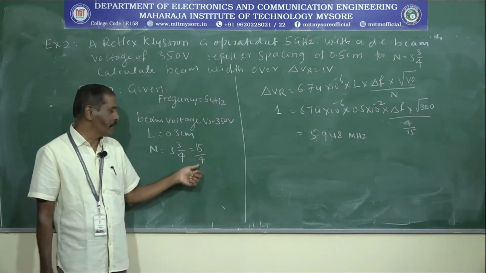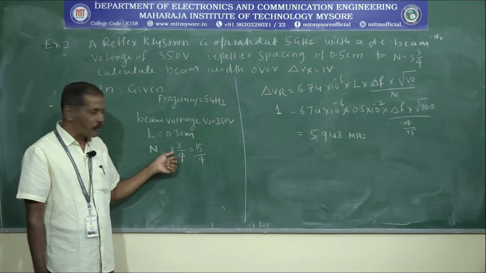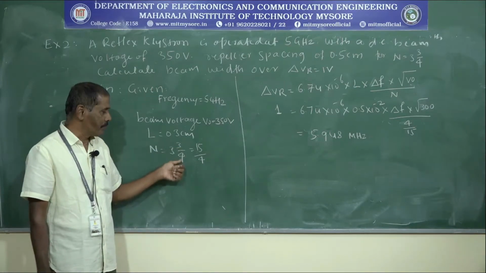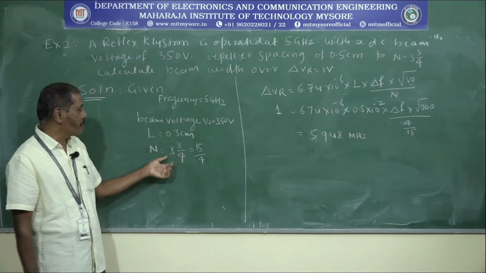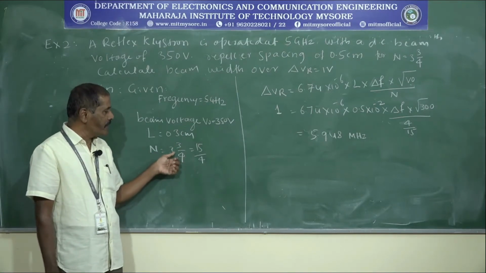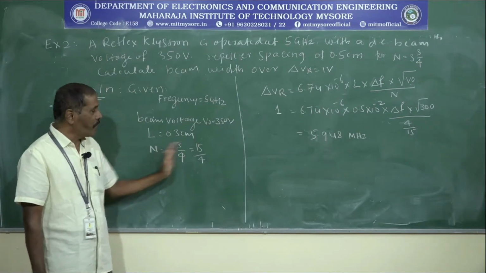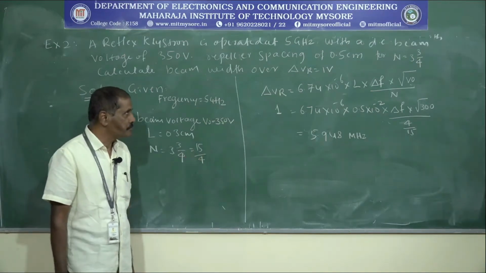I can write it as 15/4 because 4 into 3 is 12, 12 plus 3 is 15, 15 divided by 4. To solve any problem, this n value you can write as it is, or you can convert it into this form.